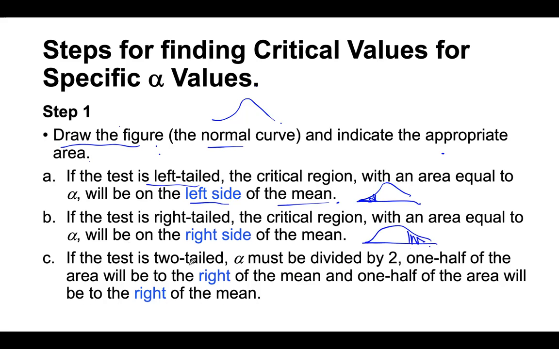If the test is two-tailed, alpha must be divided by 2, and half of the area will be on the right, and half will be on the left. So area here and over here.